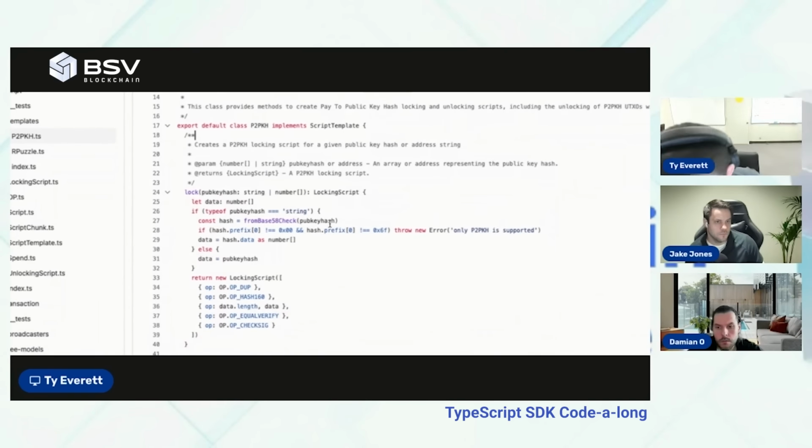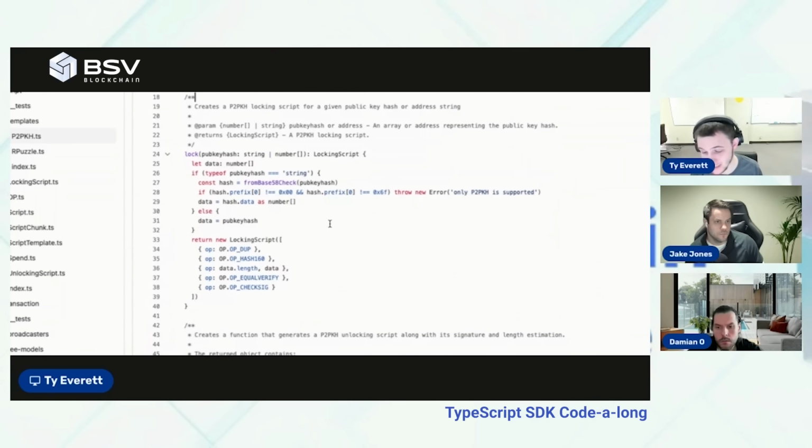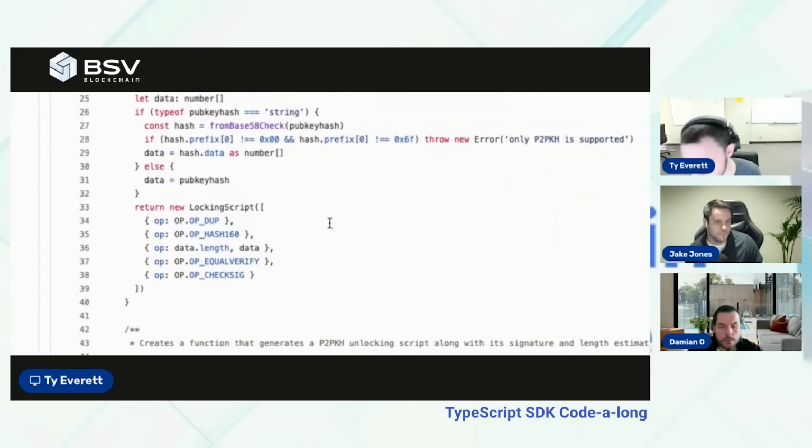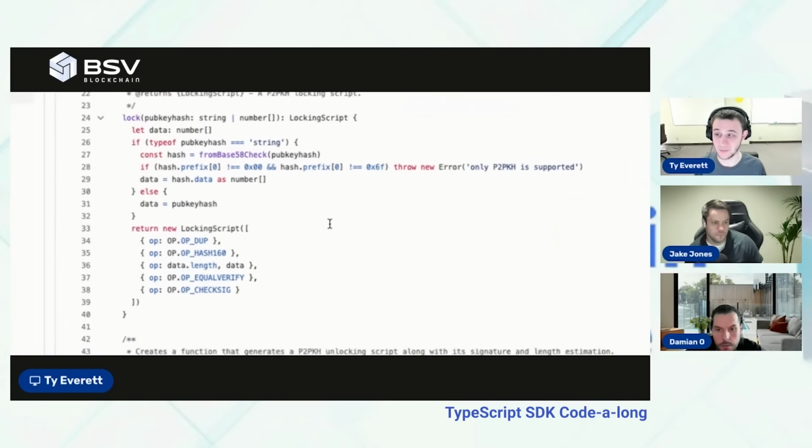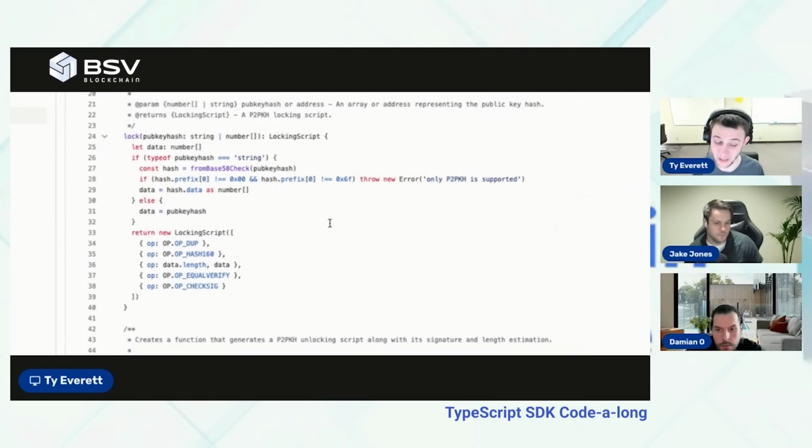Therefore, we have the lock function, which, as we know, given some parameters, will produce a locking script. And as you can see here, we see DUP HASH160, and then our data, and then EQUALVERIFY CHECKSIG, which is the locking script for pay to public key hash.